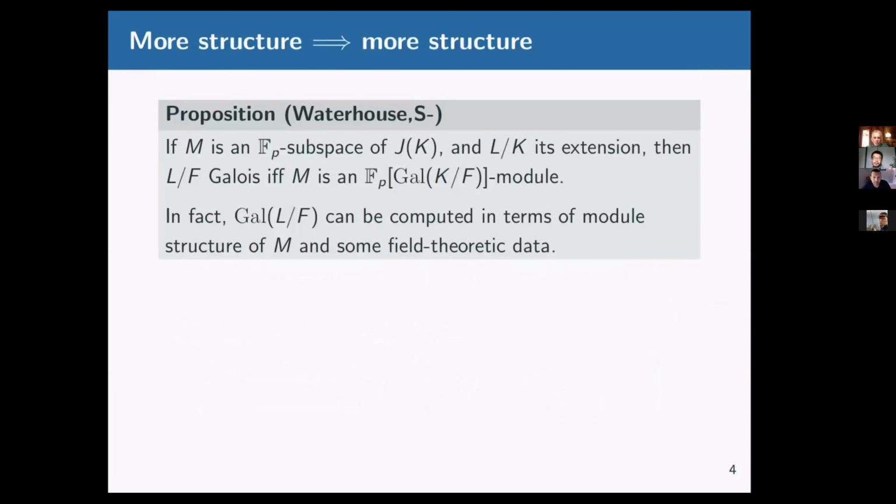So the big idea is that if you take this vector space structure and you put more structure on it, then perhaps not surprisingly, you get back more Galois theoretic information. So in particular, if you take your field K, and if that field K is an extension of another field F, then the Galois group of K over F acts naturally on this parameterizing space.